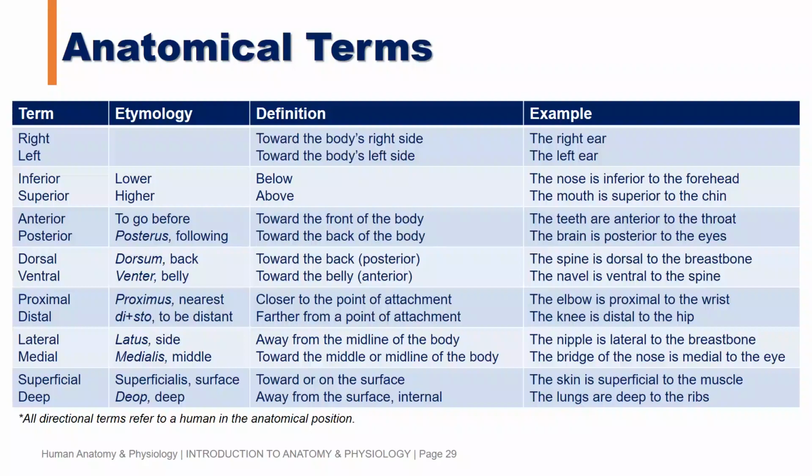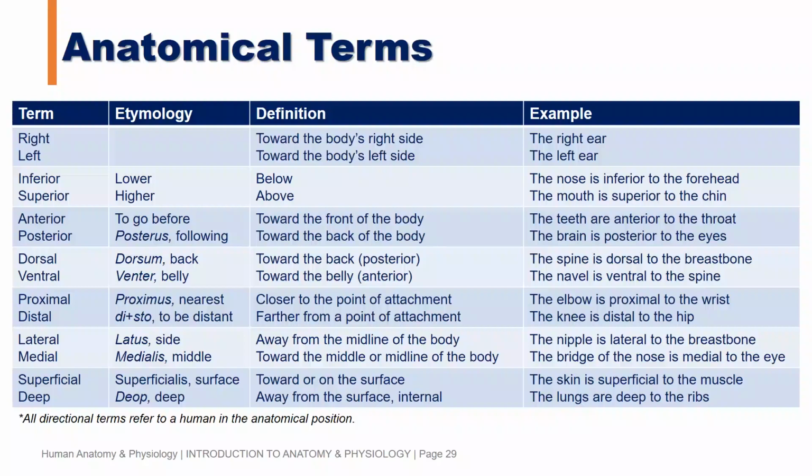But when you say inferior and superior, inferior basically means lower, and superior means higher. Inferior means lower or below, so you can say the nose is inferior to the forehead. And then superior means higher or above, wherein you can say our mouth is superior to the chin.